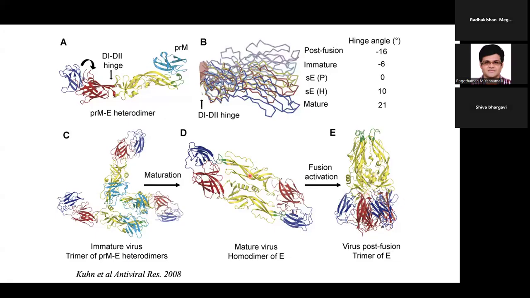Another main difference is that this viral fusion peptide, which is present in green here, was not exposed in the dimer, and now it gets exposed in the trimer. So dengue viral inhibition is completely because of the conformational change and also the fusion peptide activation or exposure.